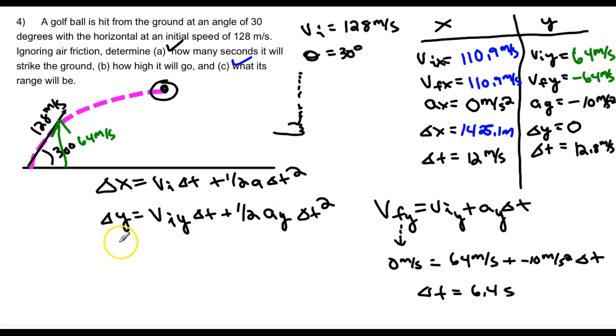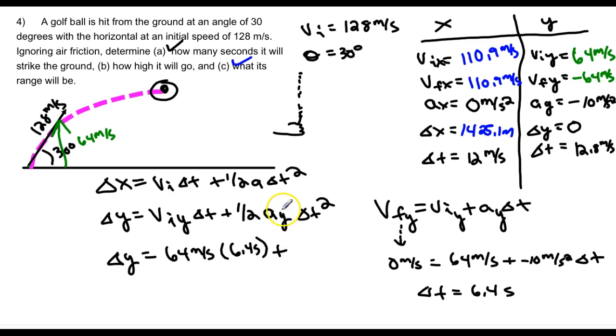And let's substitute what we know here. We don't know delta y, so it's going to stay the same. That's what we're looking for. We know the initial velocity in the y direction. It's 64. We know the time. The time is going to be 6.4 seconds.